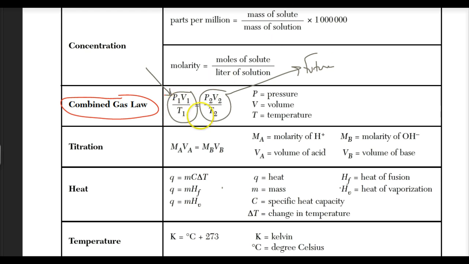Case in point, if we dealt with pressure and temperature, sometimes called Gay-Lussac's law, we would cross out the volume, and you're left with P over T and P over T. The ones are, again, the current, and the twos are the future, if you want to use that.